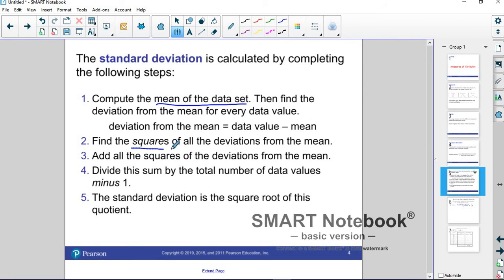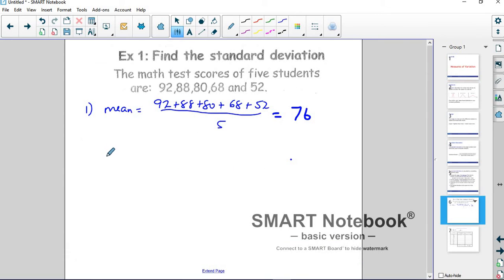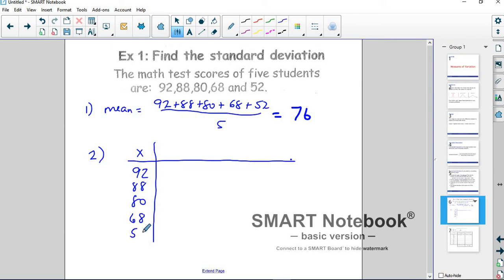Okay. Now, the second step is to find the squares of all the deviations. Well, what does that mean? The deviation from the mean is how far away you are from the middle. So what I typically do is I make a chart. I list X, that's my data points: 92, 88, 80, 68, 52. And then the next column is X minus X bar. Sometimes the mean is represented as X bar, and so this is the data point minus the mean.